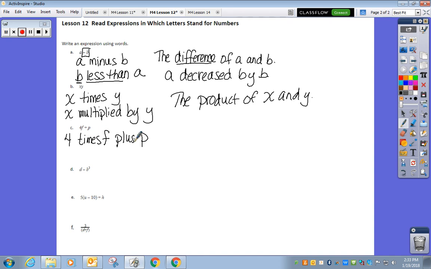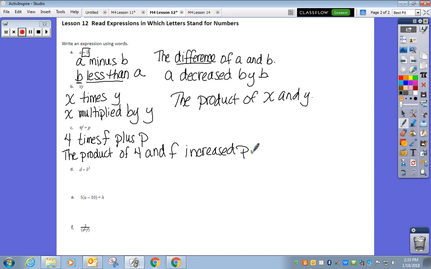I can replace the plus with any addition word. So for example, I can say the product of 4 and f increased by p. It still follows order of operations, which is important to do. So again, I'm just going to give a couple for each. There's plenty more that we can do for these.